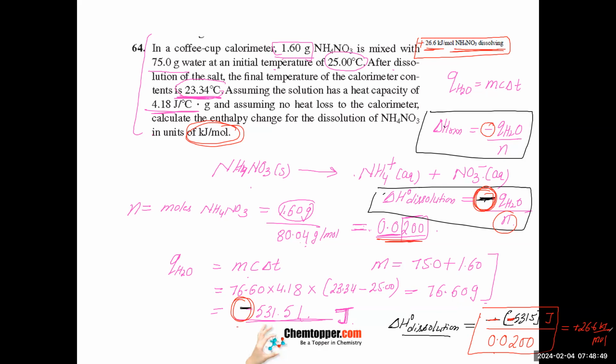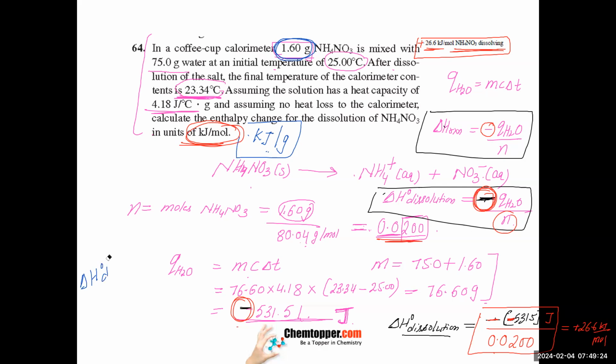Okay, now I'm changing the question, children. Rather than answering in kilojoules per mole, in the exam they are asking for kilojoules per gram. How to calculate kilojoules per gram? Do you know the total amount of ammonium nitrate dissolved? 1.60. Then delta H naught dissolution, I'm going to use this equation, children.